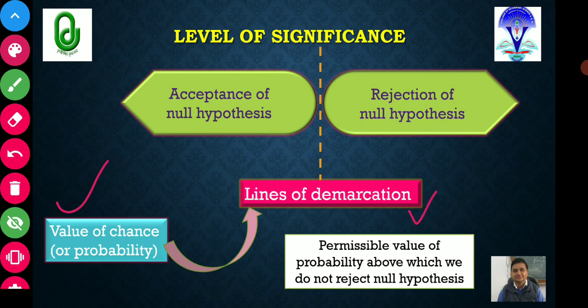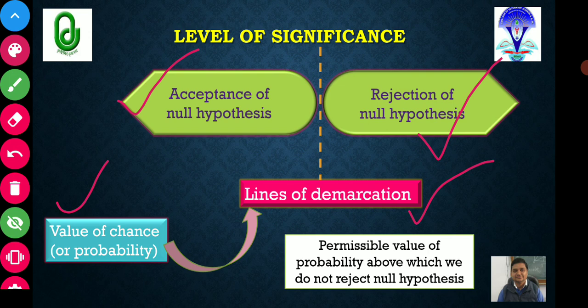Here you can see the line of demarcation between acceptance of null hypothesis and rejection of null hypothesis. So if somebody asks what is level of significance, it is a value of chance, a line of demarcation between acceptance and rejection of null hypothesis.